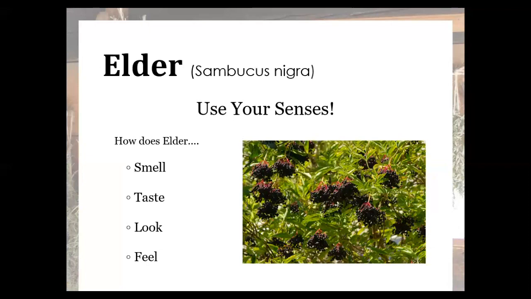And if you remember our class on Schizandra, Schizandra has some pretty wild flavors. So it's not one that you want to mix up. So please make sure that when you are working with Schizandra or elder that you label what you have so that you don't have to do the Schizandra versus elder test.